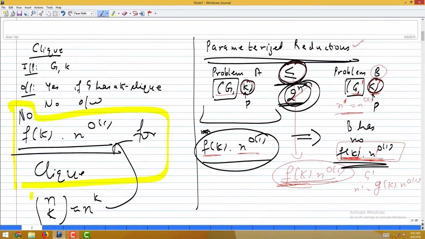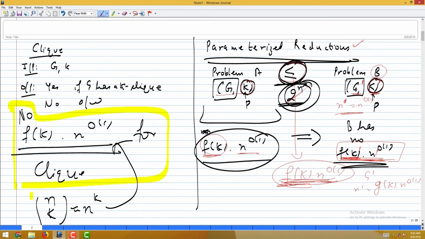So the total running time will be f of k prime into g of k into polynomial in n, right? So this is still good enough for me, provided f of k prime is some h of k, some function of k, because in that case I'll have some h of k into polynomial in n time algorithm for solving B, some f of k algorithm for this reduction, and hence I'll have some FPT algorithm for A, right?